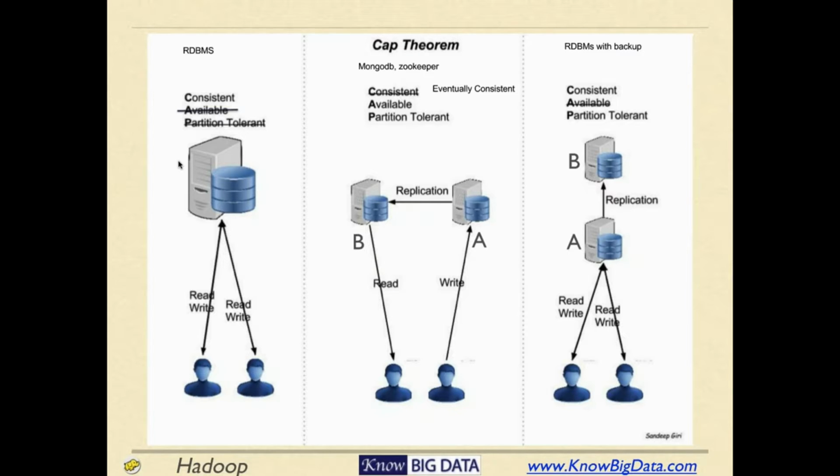So the things are eventually consistent as well as partition tolerant. If the connectivity between the writer and A goes down, then the writer may not be able to write, but the reader will continue to read. So this system is great. It's eventually consistent, not consistent, but available and partition tolerant.